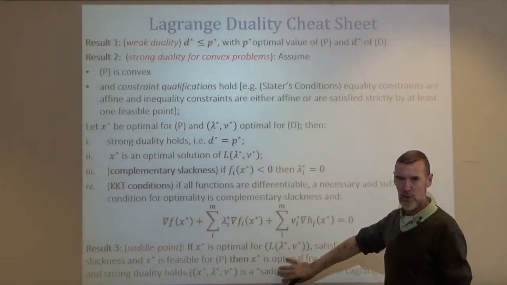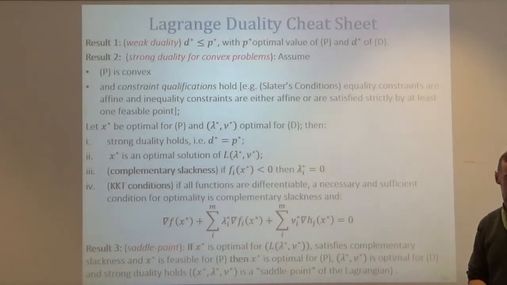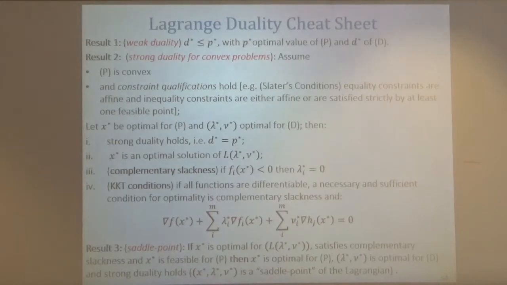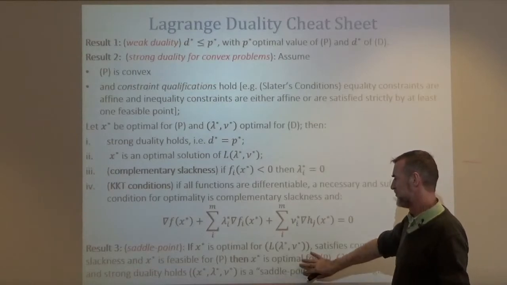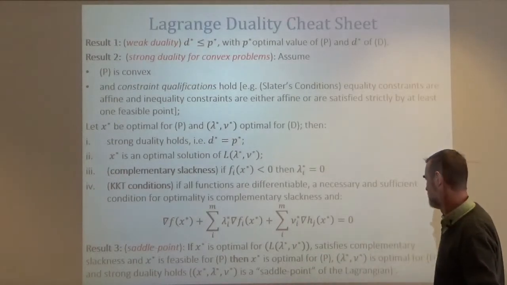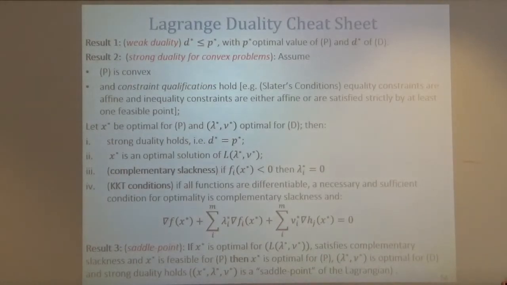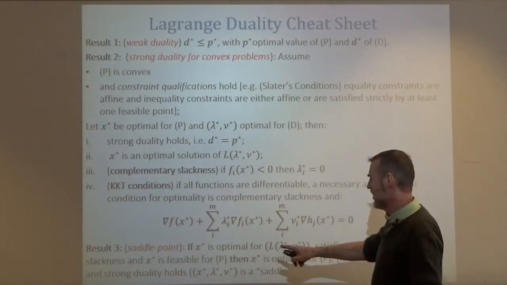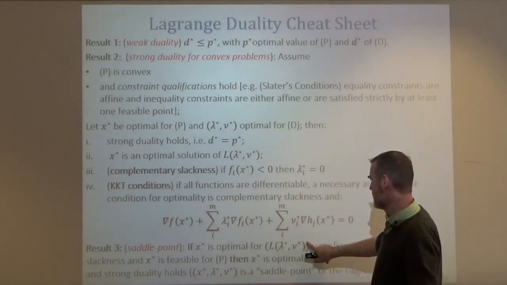Then there is a third one, which is independent of whether the problem is convex or not, which is called a saddle point. A saddle point is if you find a point x star that is optimal for this problem, lambda.